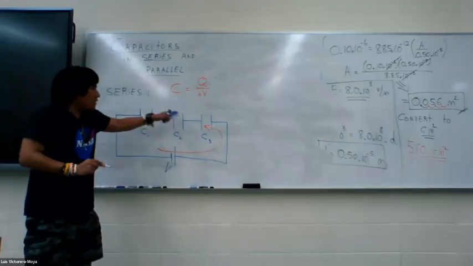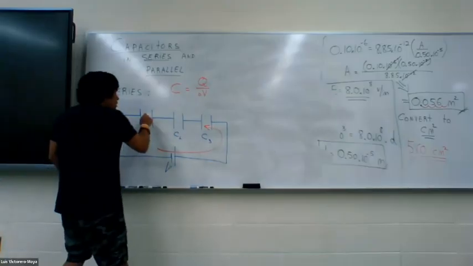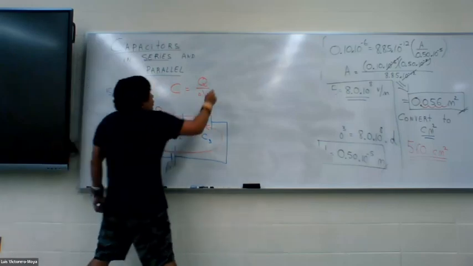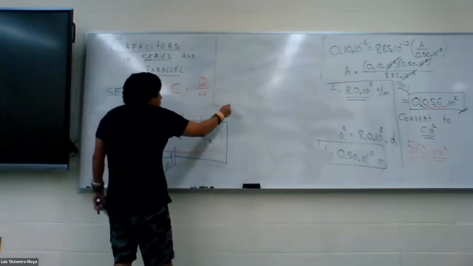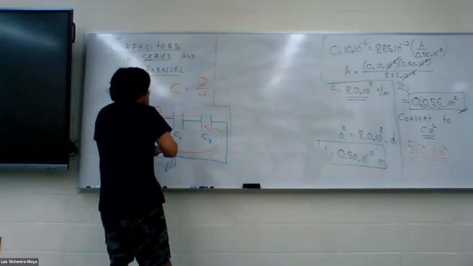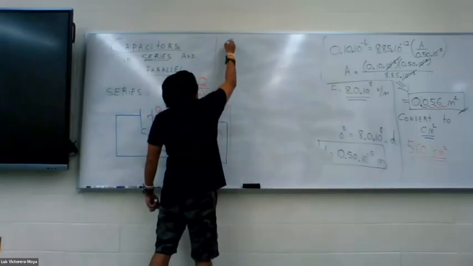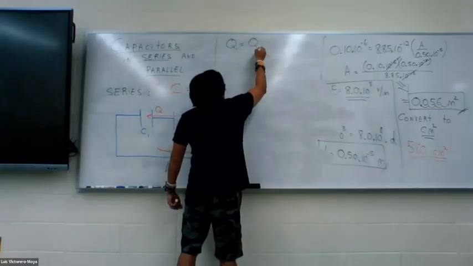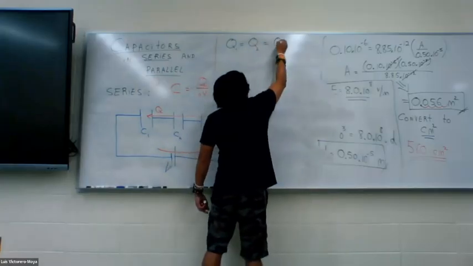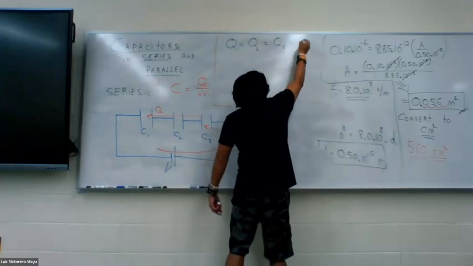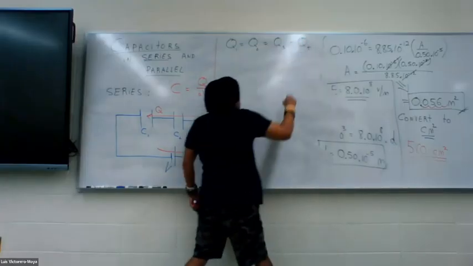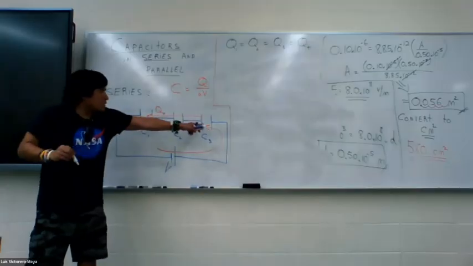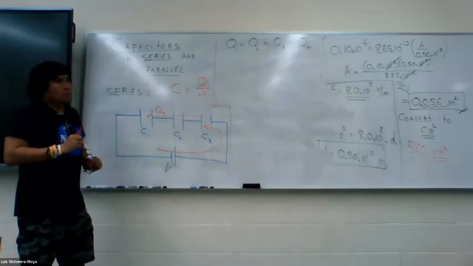And because they are in series, all the charge is the same. So the charge on 1 equals the charge on 2 equals the charge on 3 equals the total charge. So the total charge on the circuit is the same on each capacitor.